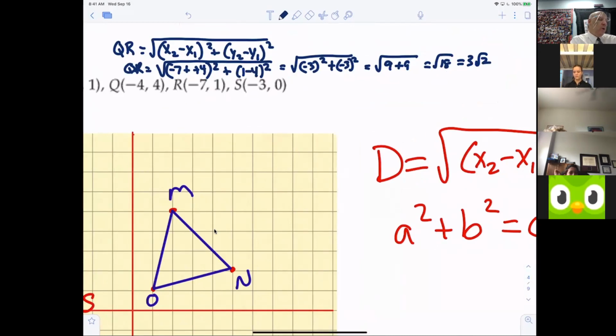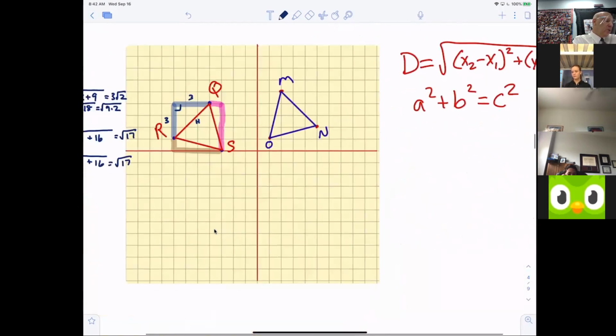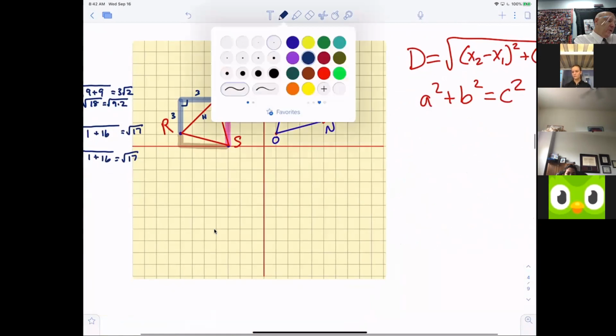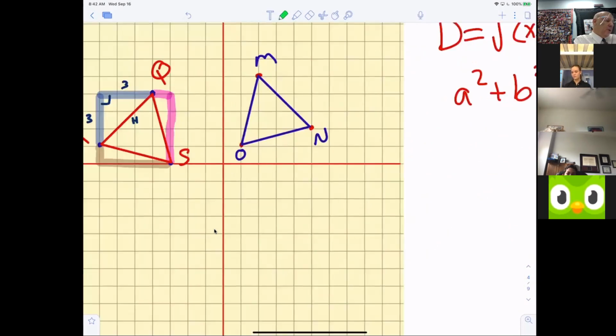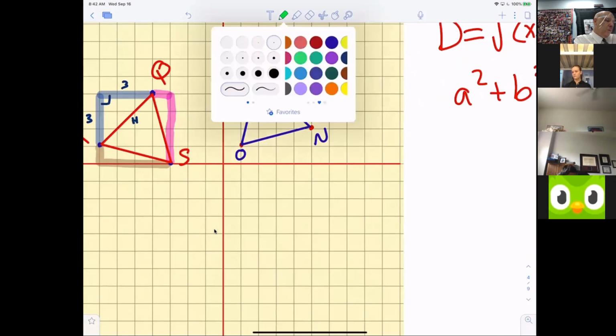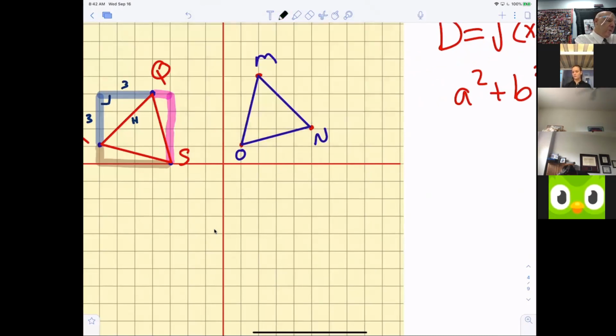All right. Now we're going to do the other triangle real quick. For the other triangle, I'm going to do it in a different color. I need MN, I need MO, and I need ON.